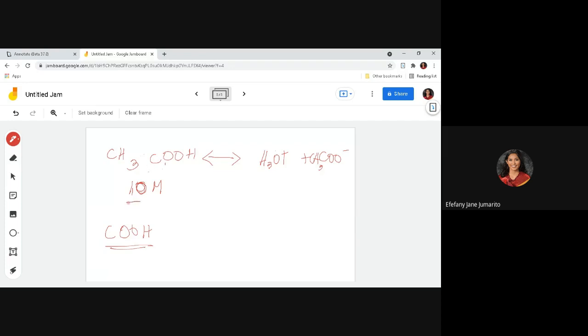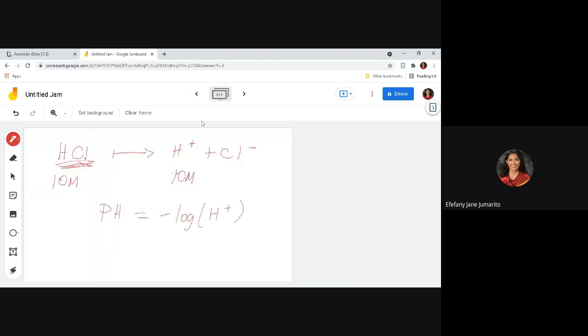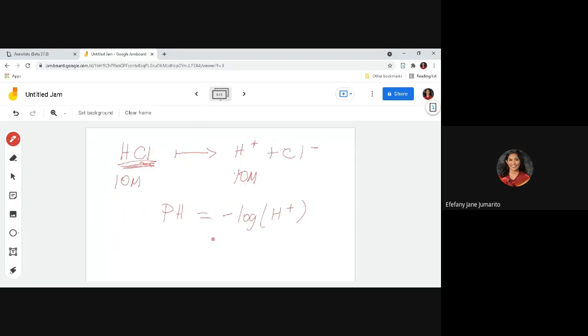So at equilibrium, this is 10 molar, but your concentration of H3O plus is not 10 molar. So that's the time that we will use the ICE table, because we cannot assume that your H3O plus is just equal to the 10 molar concentration of your acetic acid.